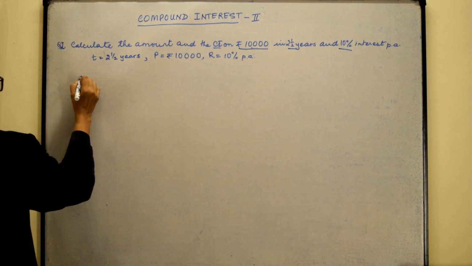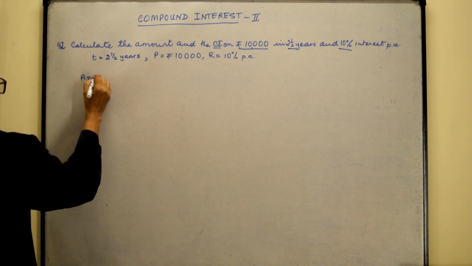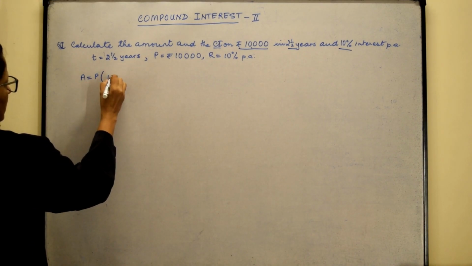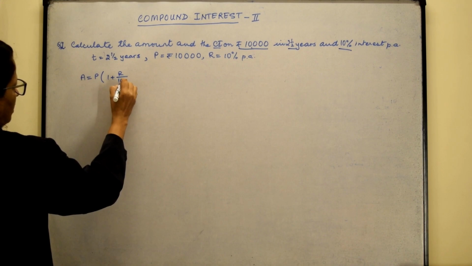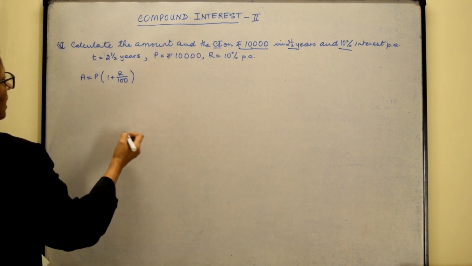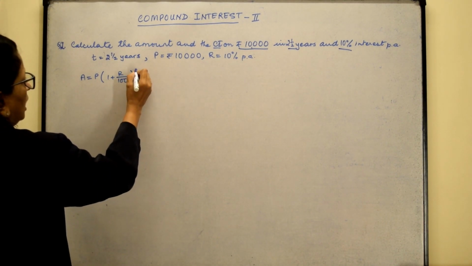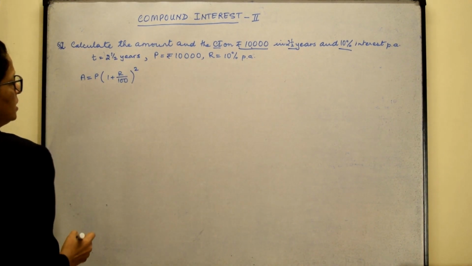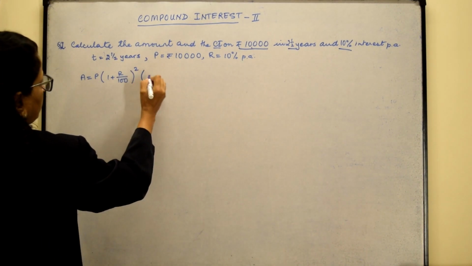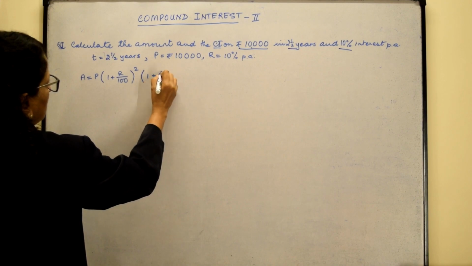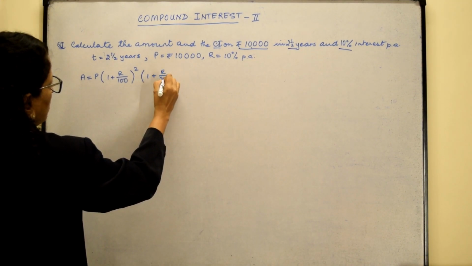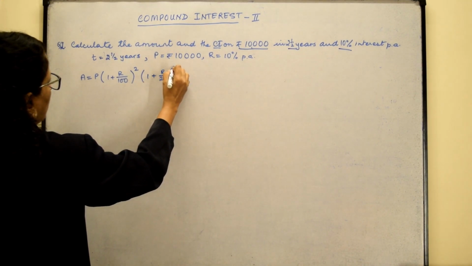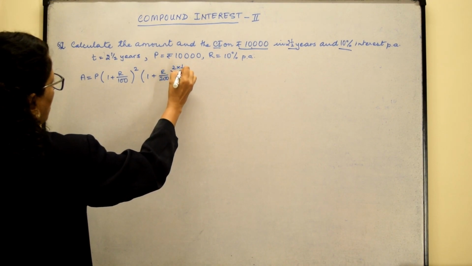And so we will use the formula A is equal to P into bracket 1 plus R upon 100. Because it is 2.5 years, the first bracket will be for 2 years and the second bracket we have to take as 1 plus R upon 200 to the power 2 into half.